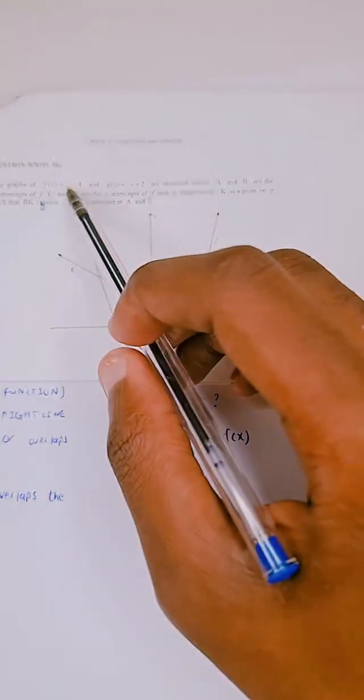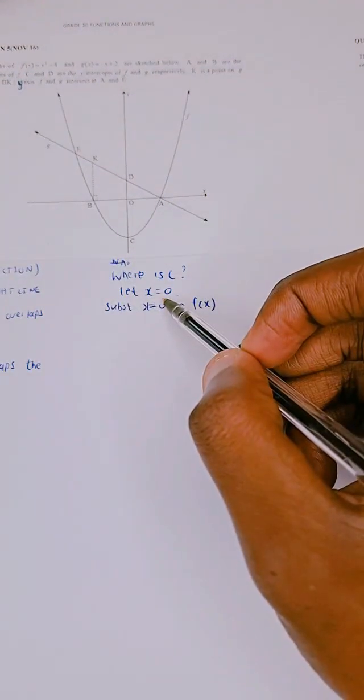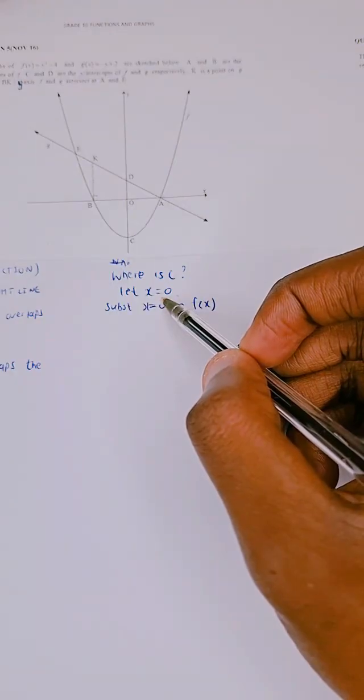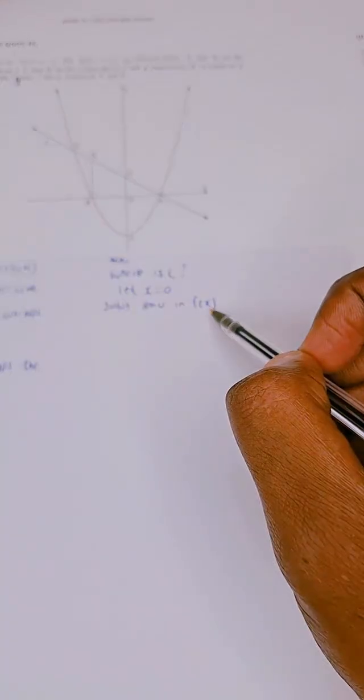Now the function f of x, which is the parabola, is given by the expression x squared minus 4. So where x is, we are going to substitute 0 in the place of x.